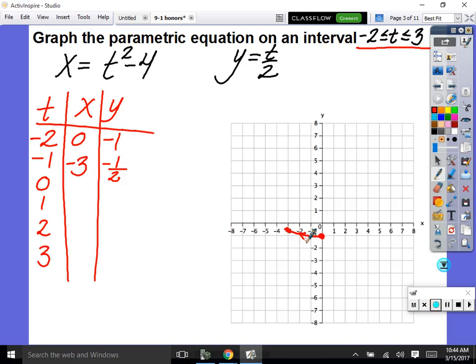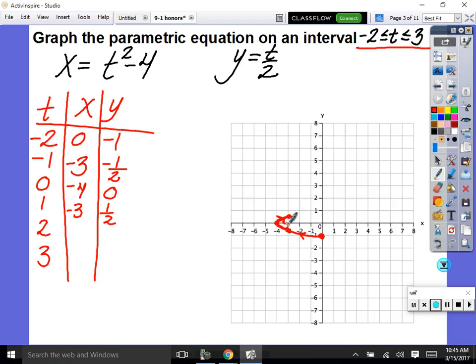Plugging in 0, we have -4 and 0, connecting these points as we go. Plugging in 1, that would be -3, up 1/2. So it's going like this with arrows, kind of rounded.